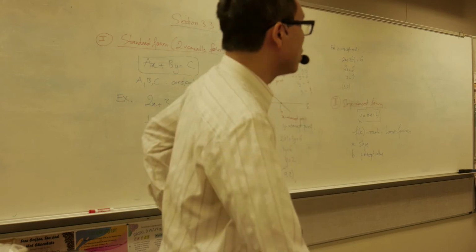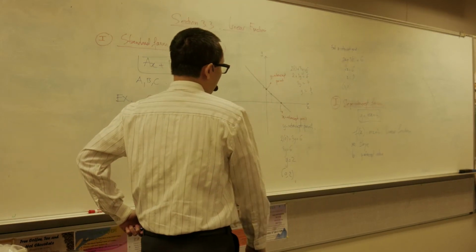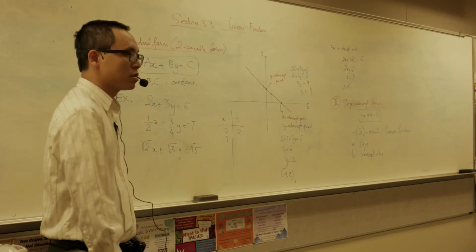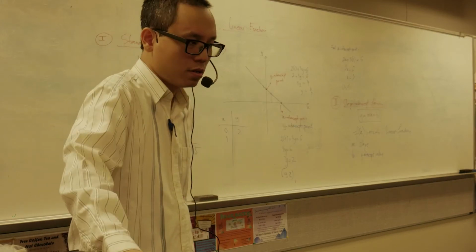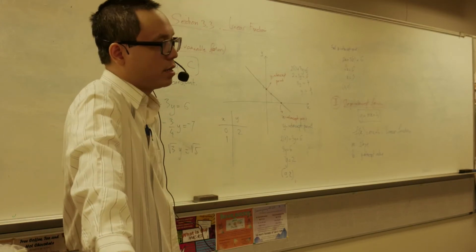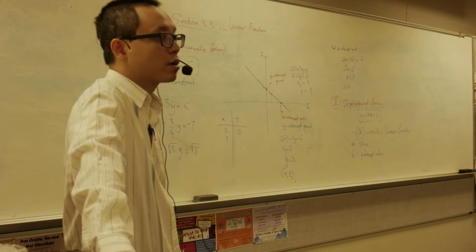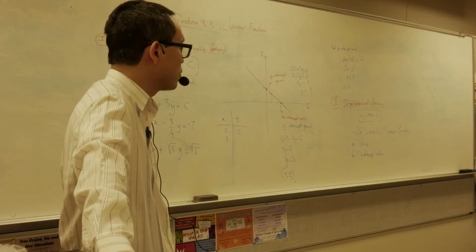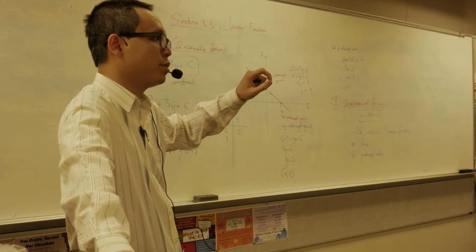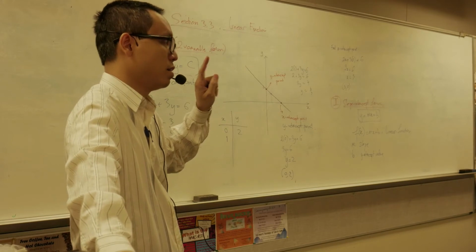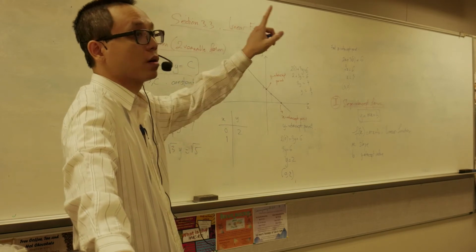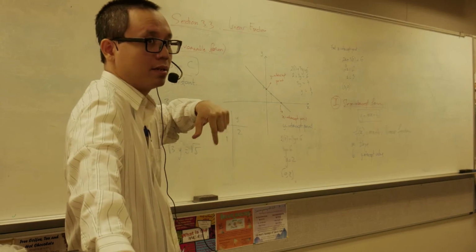Now let's talk about the slope. The slope can tell you if the line is increasing or decreasing. What I mean is it can tell you if the line is slanted upward or slanted downward.